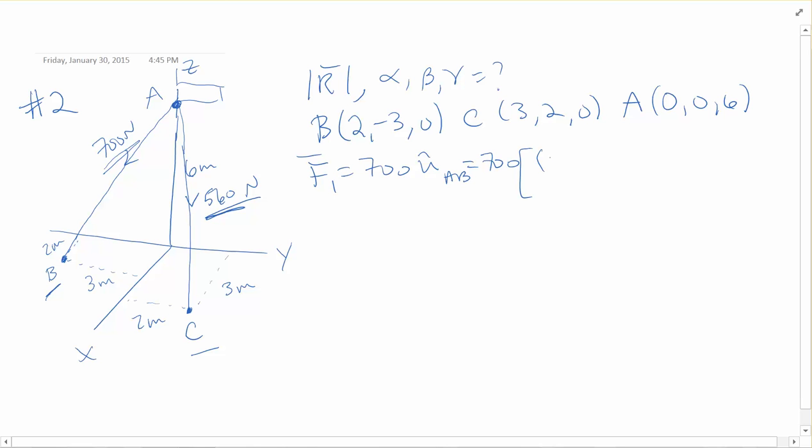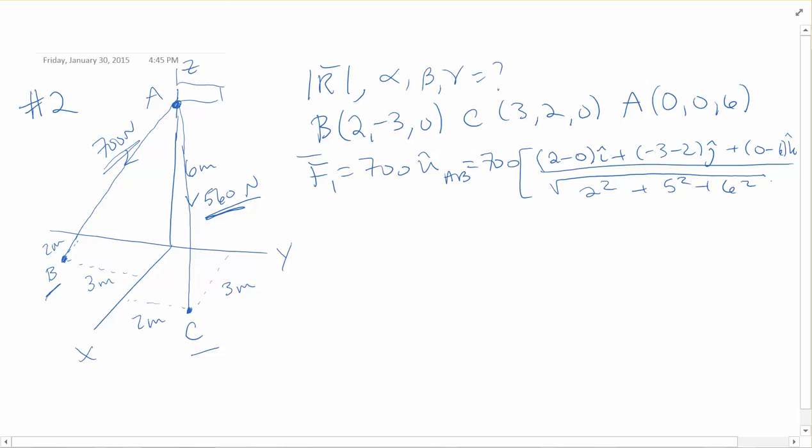So here we have (2 minus 0)i plus (-3 minus 0)j, and then plus (0 minus 6)k, and then we put that over the magnitude. The magnitude of that line would be the square root of 2 squared plus 3 squared plus 6 squared. That's going to give us our F1.